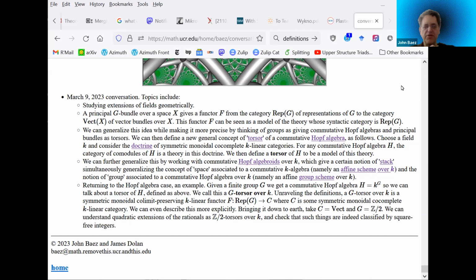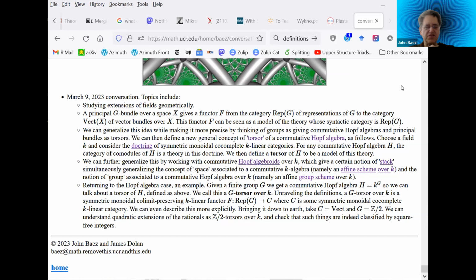So you think of Rep G as the theory or the syntactic category of the theory. So basically the abstract entities, representations of G, become, quote, concrete entities, namely vector bundles over X.